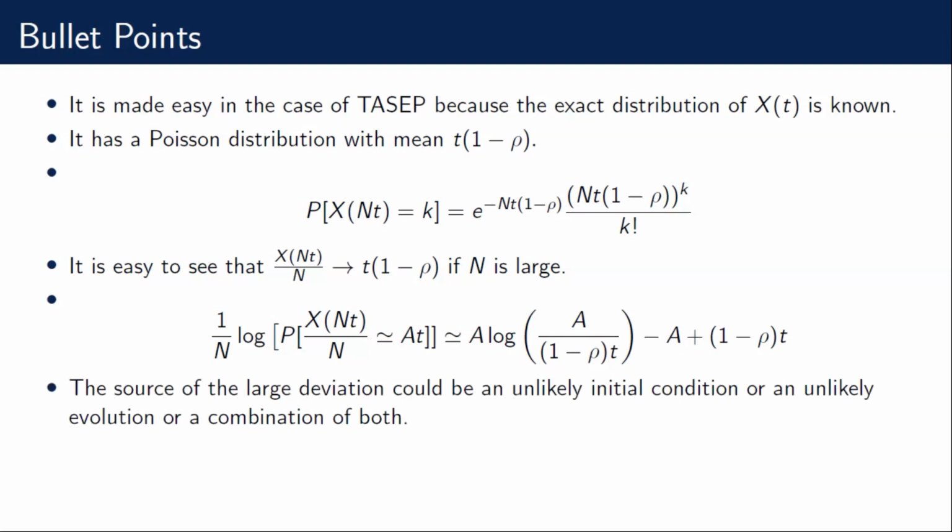Now, the one question one can ask: okay, I've seen this large deviation with this tagged particle moving very far, but did the initial condition cause it? Well, there are two possible reasons why the tagged particle can go fast.